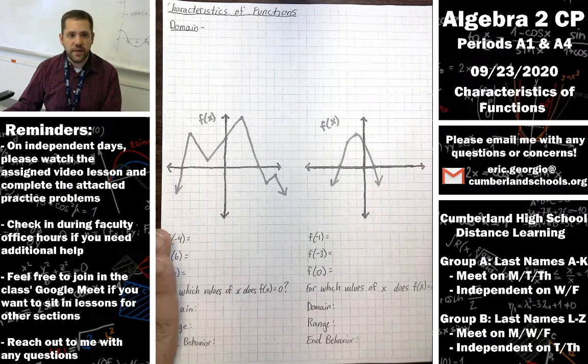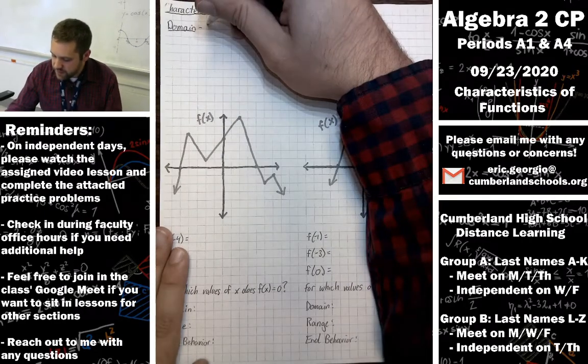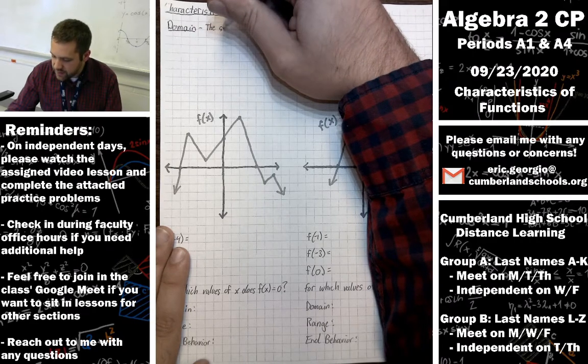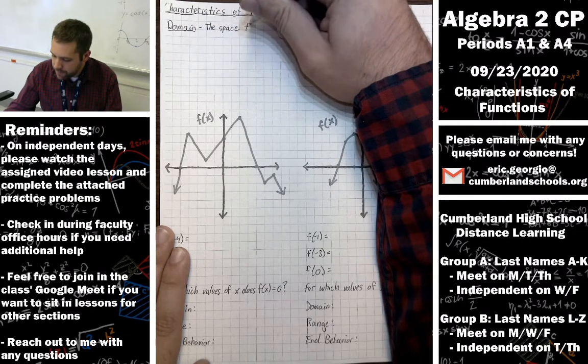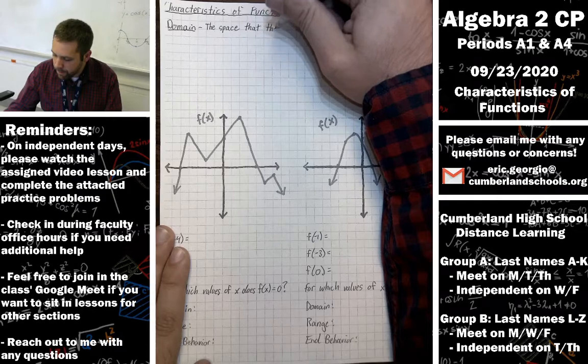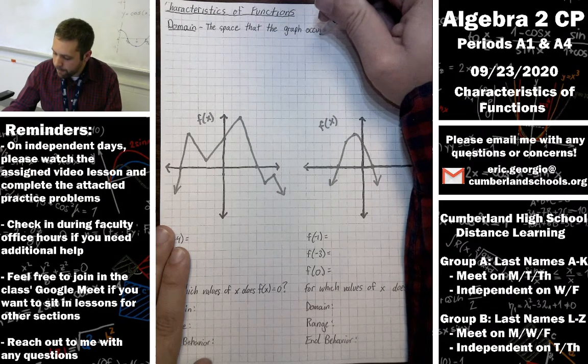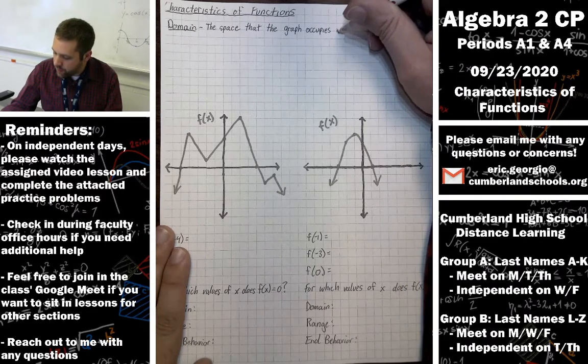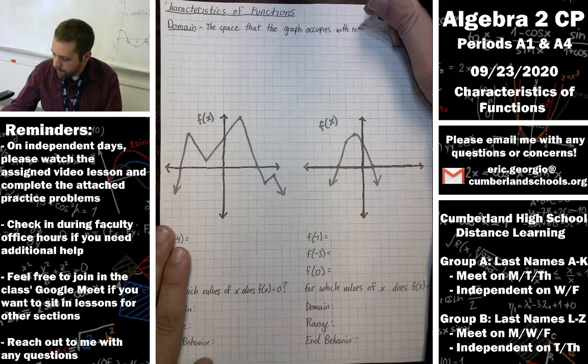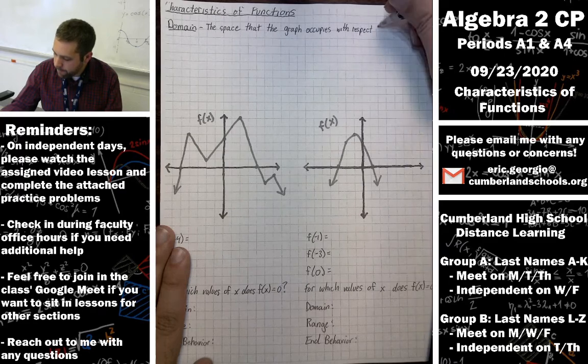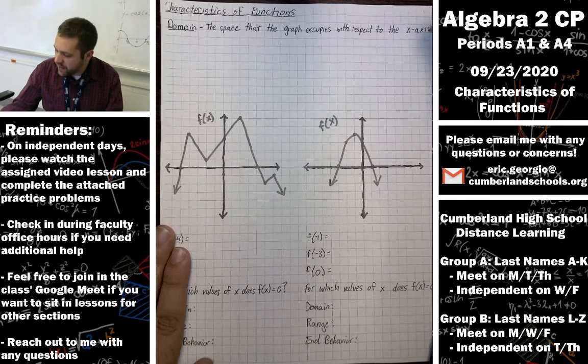And just to refresh you on the definition, the domain is the space that the graph occupies with respect to the x-axis. That's how to find the domain visually.